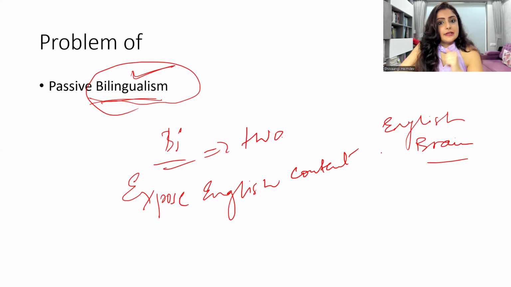Make sure that you read 10 minutes in a day. Give a dedicated time to reading. 10 minutes a day, give dedicated time to listening to something which is in English. 10 minutes in a day, give dedicated time to watching something in English.